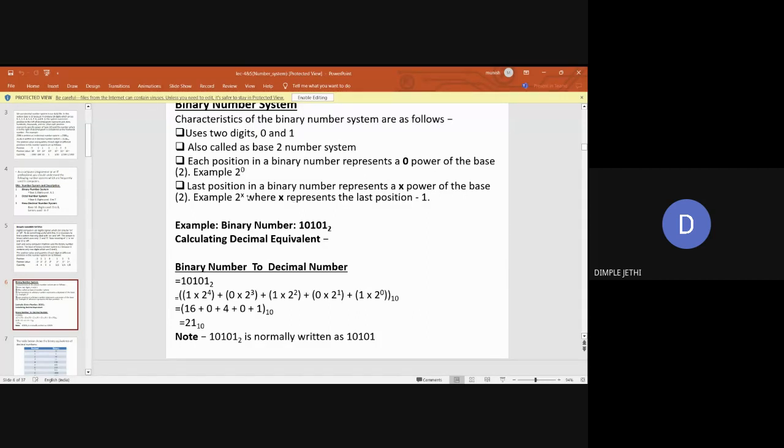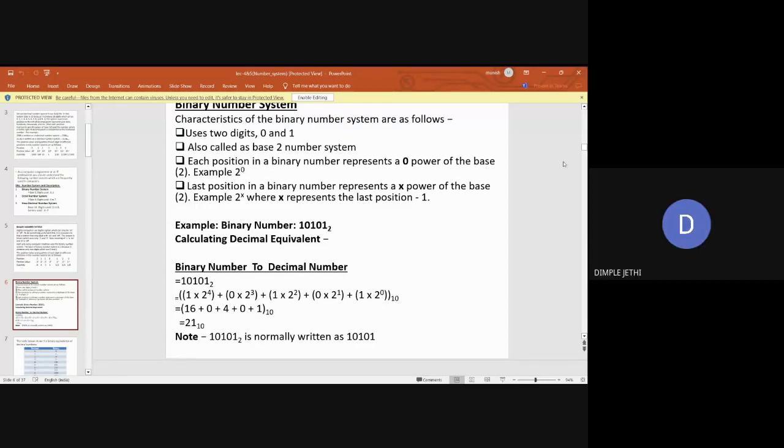But in the binary number system, what will I do? I will pick up the digit and multiply it with the power of what? Which number? It's 2.